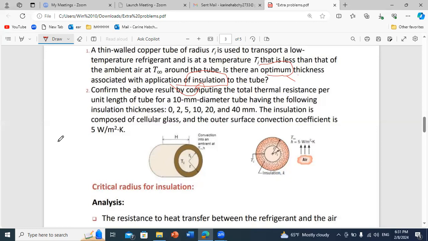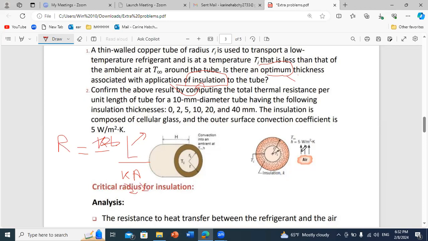So we already know that for a plane wall, the resistance to conduction is given by, sorry, L over k A. Because when you want to resist conduction through a wall, you should increase the thickness, reduce the conductivity and reduce the area of transfer. So this is if you have a plane wall.